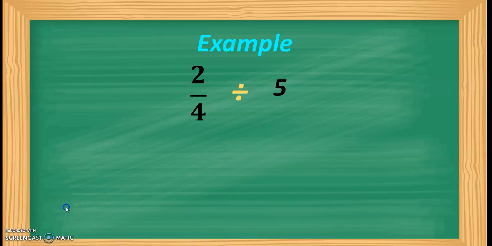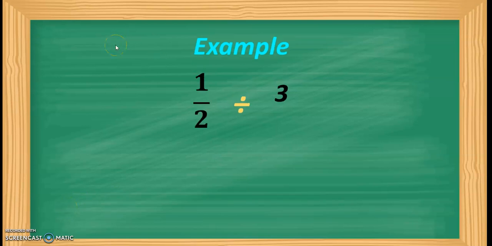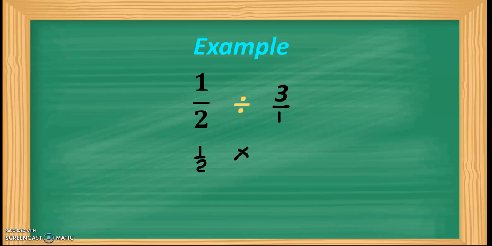Let's try another example. We have a half divided by 3. Now remember, what should I do with the 3? Very good. We're going to give it a denominator of 1. We're going to keep the half. We're going to change this to a multiplication sign. We're going to find the reciprocal, or what else could I say?